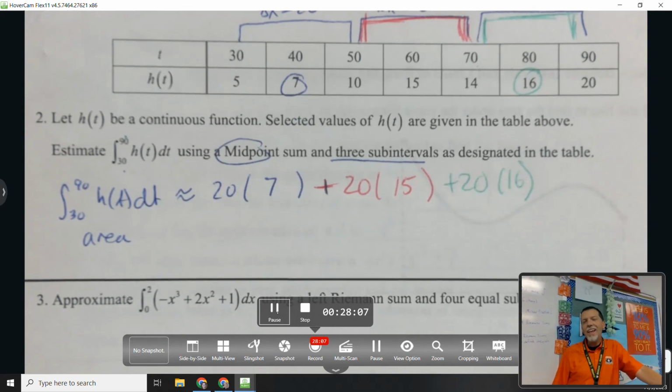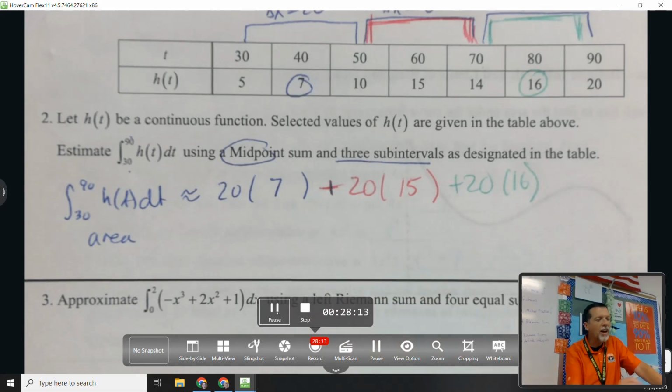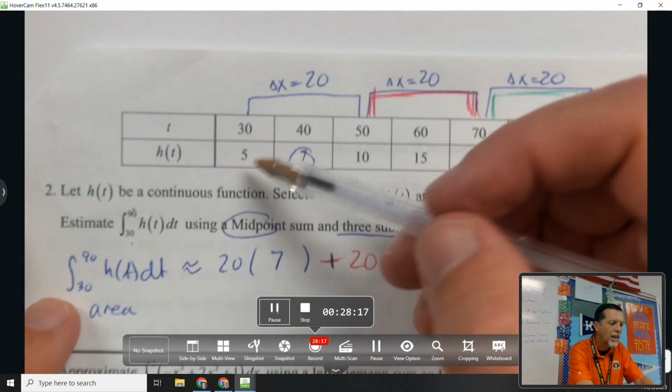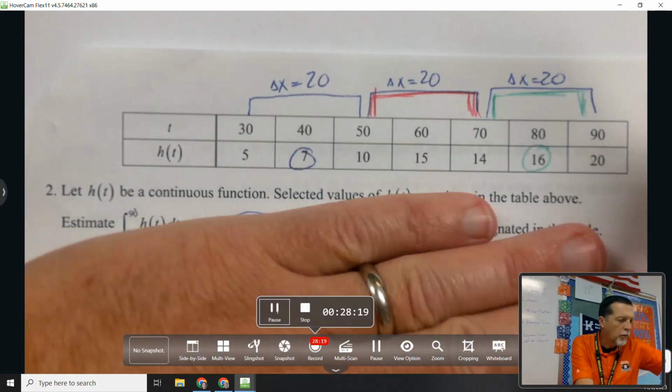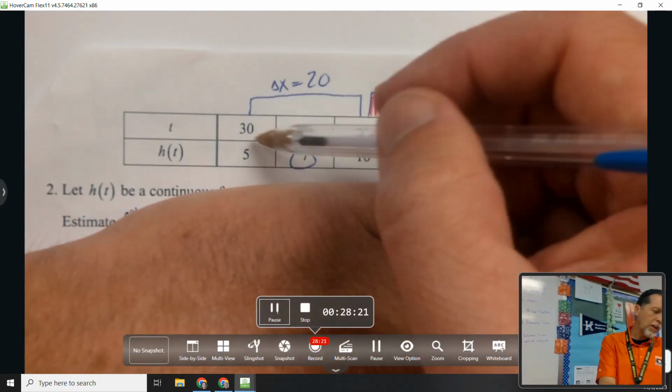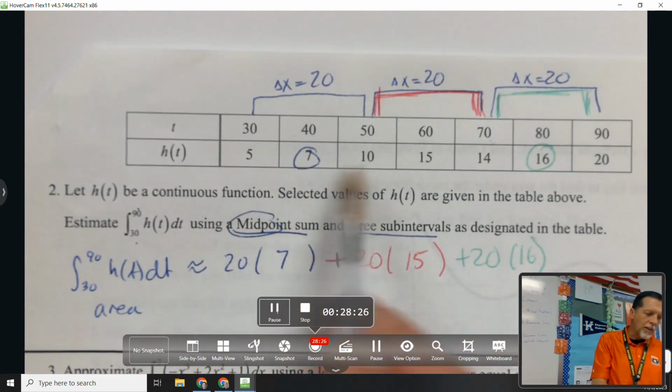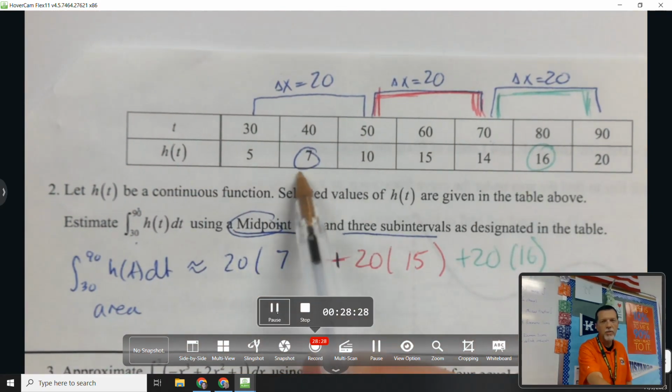Once you get the hang of these, it's not hard, but you've got to read carefully to know which height to use. And this one feels like you have more information, because before you got the question prompt, it looked like we were going to have a bunch of rectangles, but because it was a midpoint sum, they only wanted 3 rectangles, and we used that midpoint as the height.